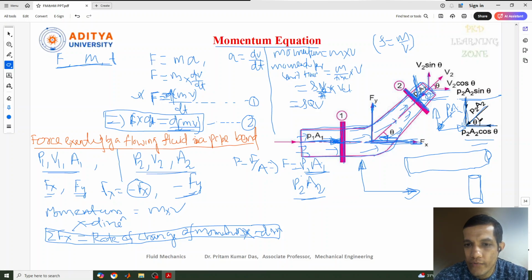Okay, why am I telling this? Because here the pressure force we have considered at this point in the x direction. Similarly, at this point we need to consider in the x direction. Okay, but here if you see, it is in the reverse direction.